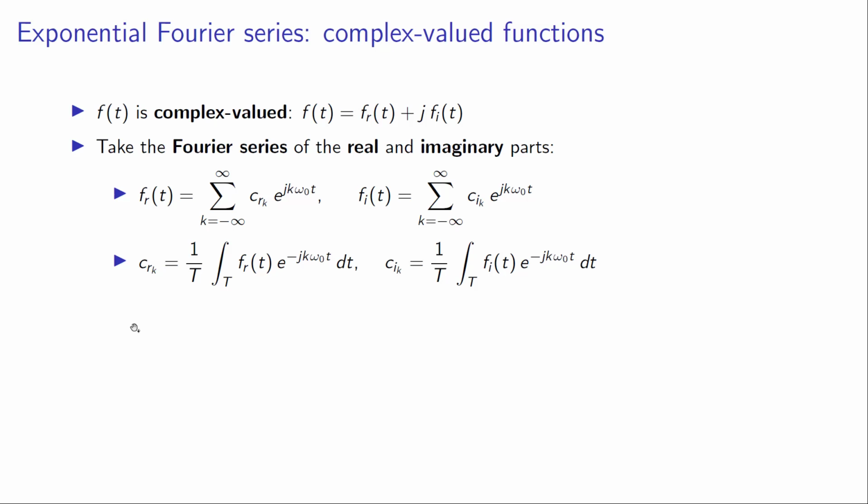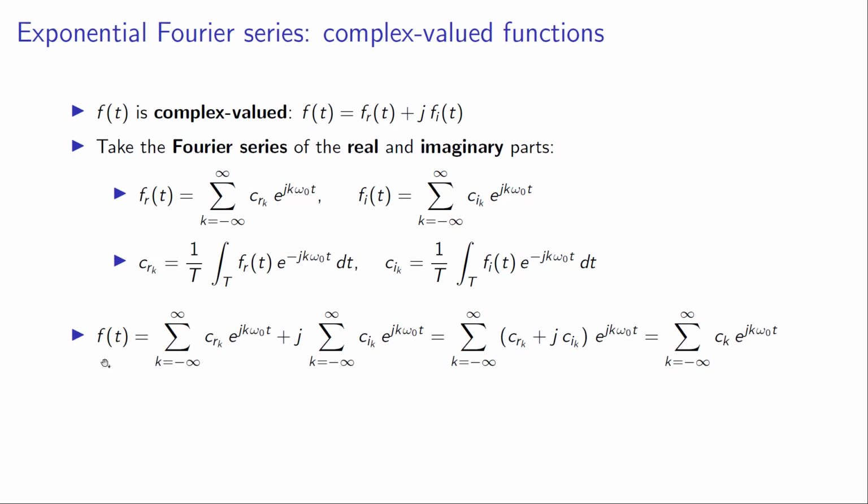Associated with them, you have two sets of Fourier coefficients, one set for the real part and one set for the imaginary part. All these Fourier coefficients are complex numbers. Of course, we are interested in f of t, so what we'll do is take the real part and add j times the imaginary part.